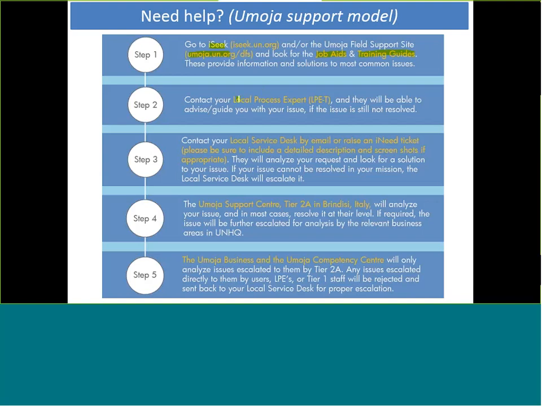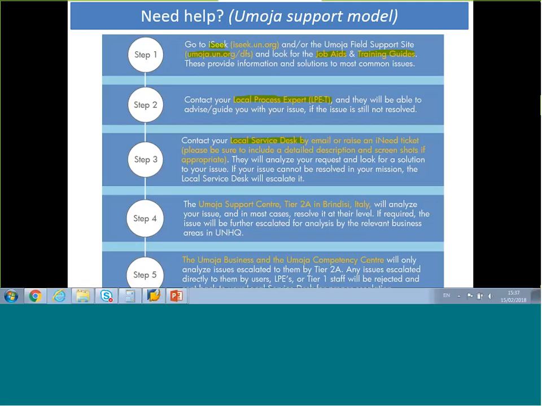Then you have your local process experts, and in case you have any issue with the system that is in production, you have to make sure that you contact your LPs and that you raise a ticket using your local service desk, all right? So the support model is still the same. We are providing training sessions to help you understand the process and also the job aids and training guides, all right?